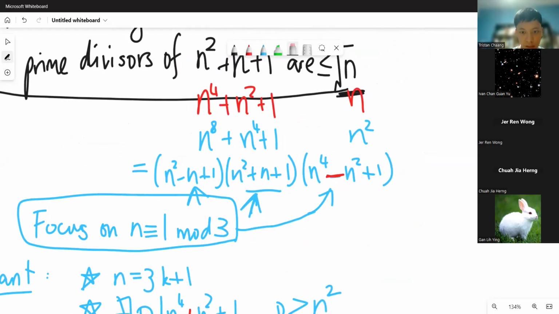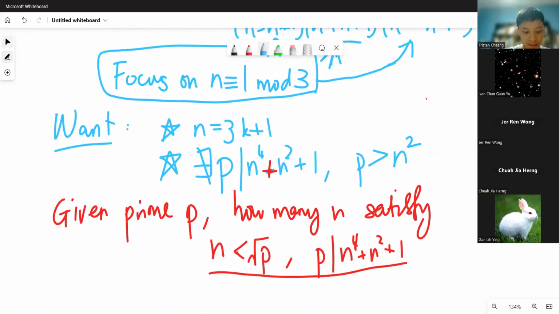Let me check. N to the 8 plus... Oh yeah, it is minus. Okay, it doesn't matter really. Afterwards, they still work the same way.